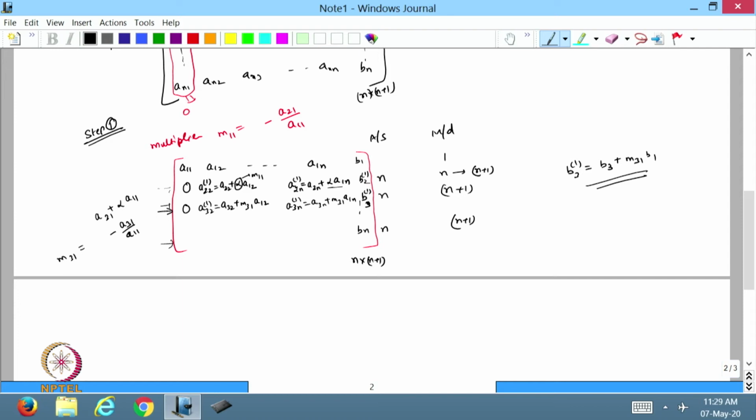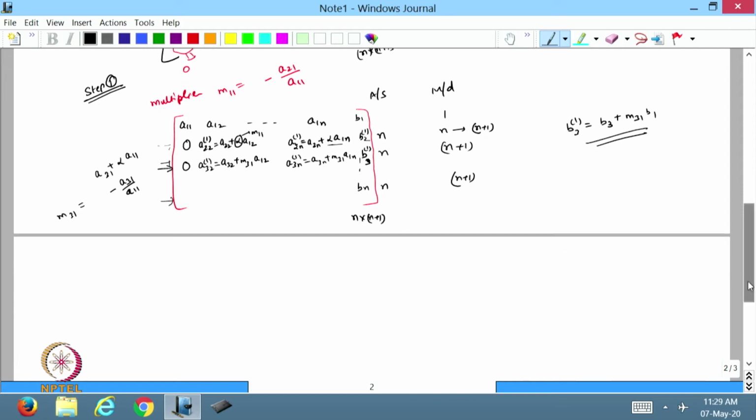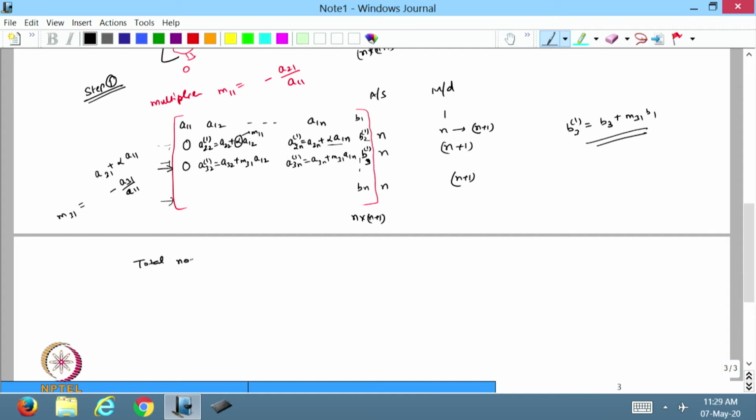Now, from here you can see the total number of operations involved in step 1, because these are the operations, addition and multiplication.